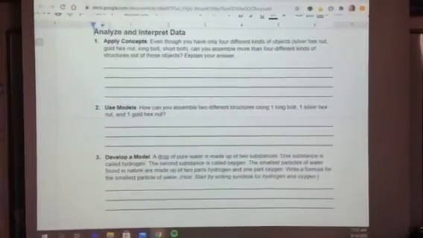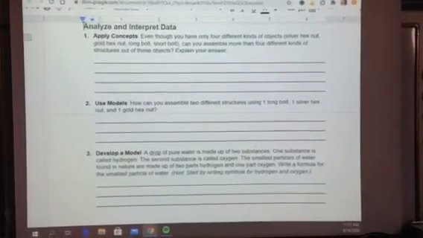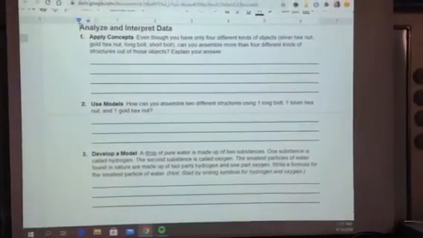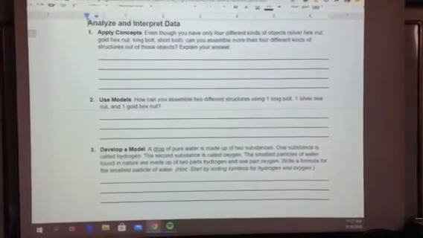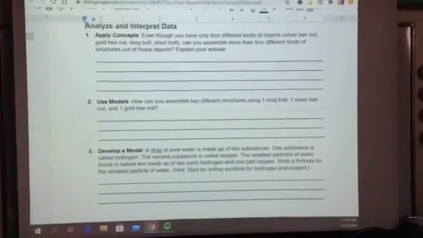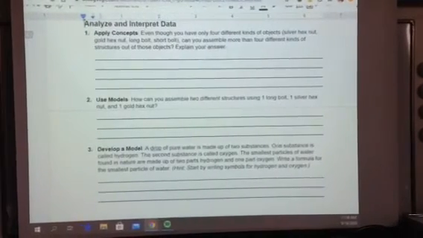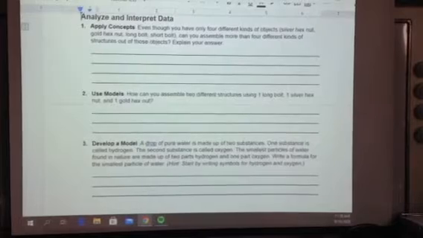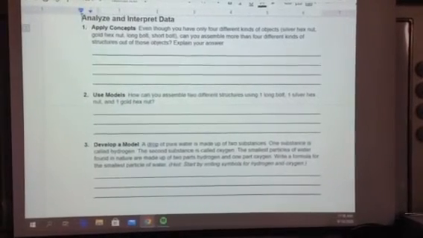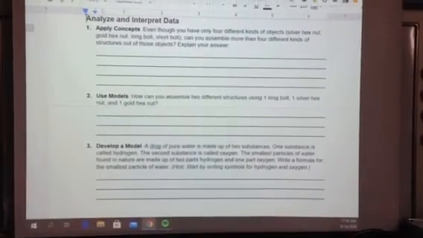Now for number 1, we understand that you don't have these objects in front of you, and that's okay. You don't need them. We really just want you to think this through, okay? So just do your best, think it through, and provide an explanation for your answer. For number 2, it says, how can you assemble 2 different structures using 1 long bolt, 1 silver hex nut, and 1 gold hex nut?